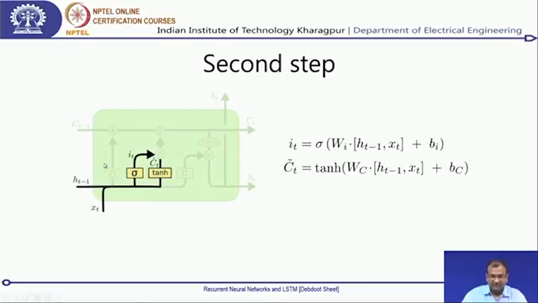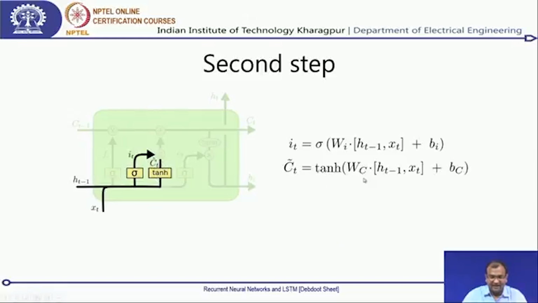Okay. Now, in the second step, I take my input and my hidden state, and I generate two different arms basically. I generate something called i t, and something called c hat t.